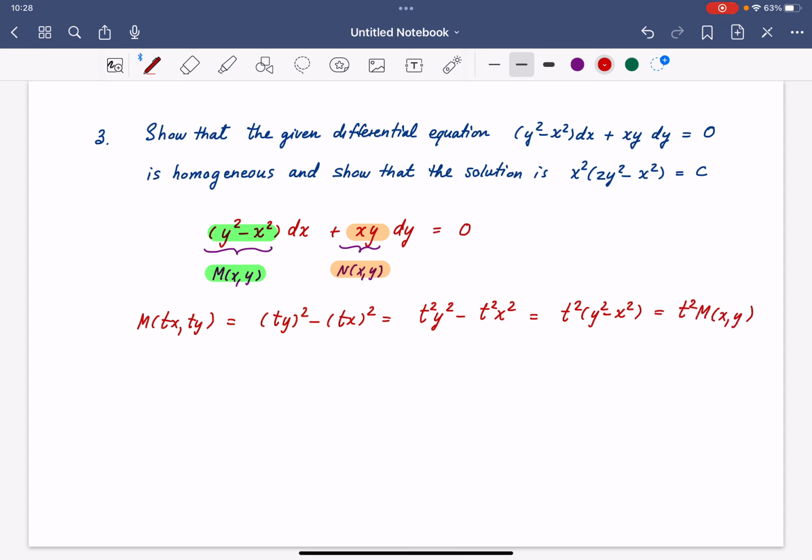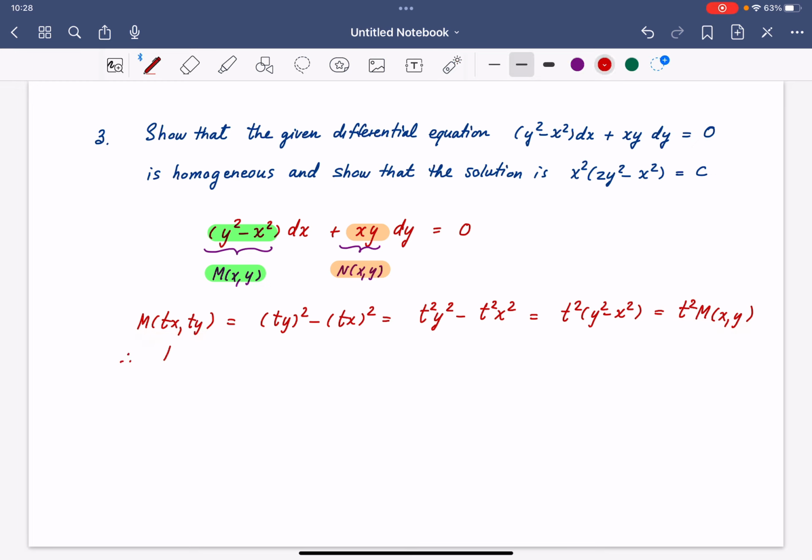Does it make sense? So the idea is that we're going to plug in tx and ty here. We want to see whether, if we plug in tx and ty, we can pull out t to the something or not. So we plug in tx, ty here, and I can pull out t². So it's going to be M(tx, ty) equal to t² M(x,y).